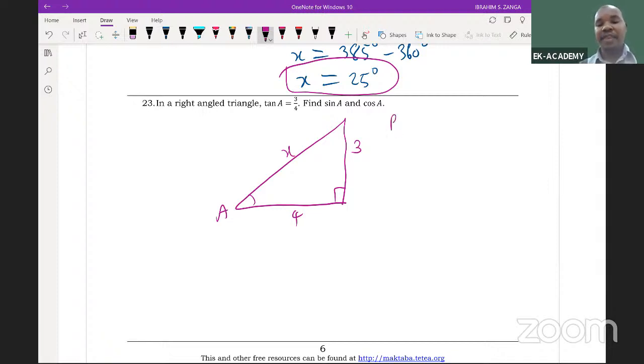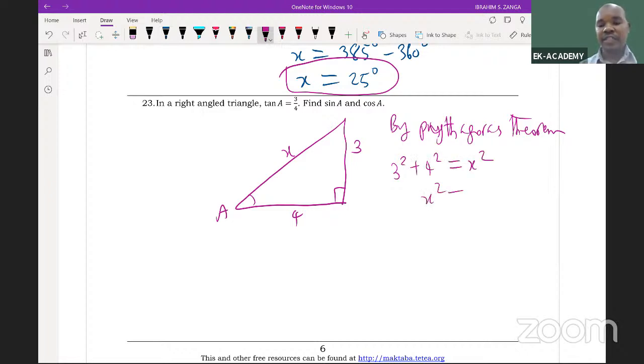By using Pythagoras Theorem, we know that 3 squared plus 4 squared equals X squared. X squared equals 9 plus 16 equals 25. X is square root of 25. And this is equal to 5.